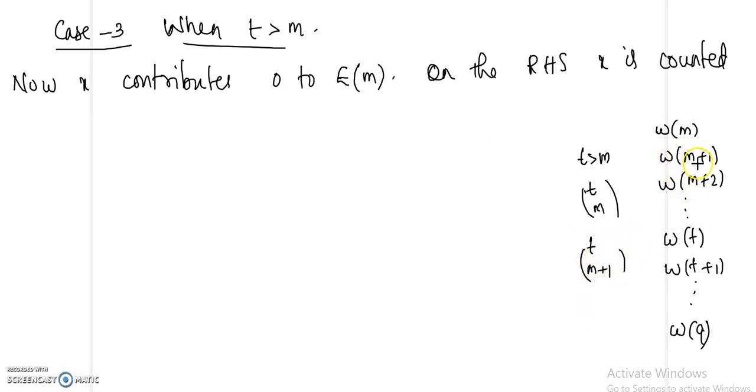So x will be counted tC(m plus 1) times in omega of m plus 1, similarly tC(m plus 2) times in omega of m plus 2. And in omega of t, x will be counted exactly tCt times. Beyond that, in omega of t plus 1 and so on, x would need to possess more than t properties, so it will contribute a value 0.